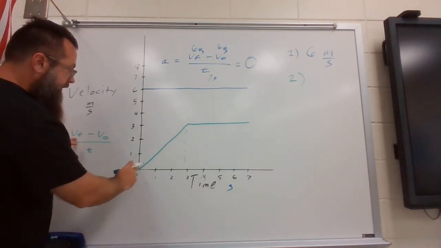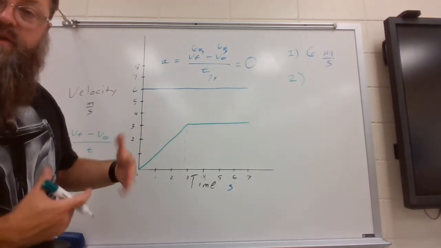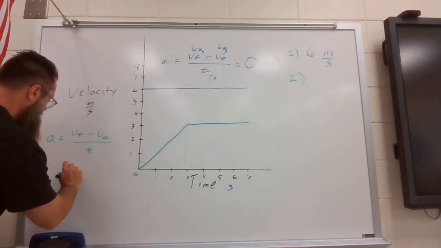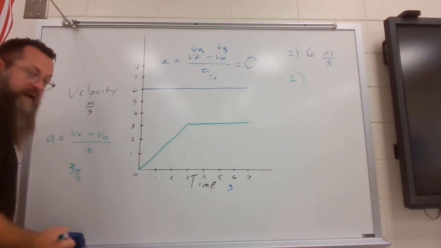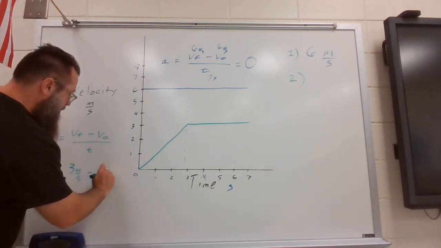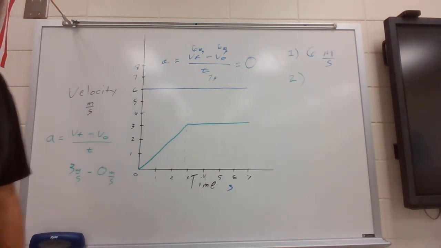The final velocity of this object was, let's say 3, although it's not perfect because my lines aren't exactly straight, but let's call it 3. 3 meters per second was the final, and the initial connected to the origin, the initial is 0 meters per second.